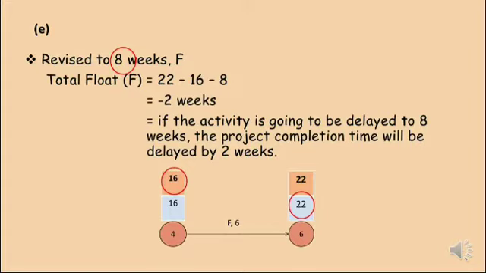Therefore, the answer will be 22 minus 16 minus 8. So the answer is negative 2 weeks. So the conclusion is, if the activity is delayed to 8 weeks, the project completion time will be delayed by 2 weeks.